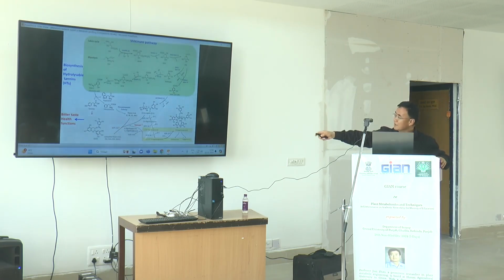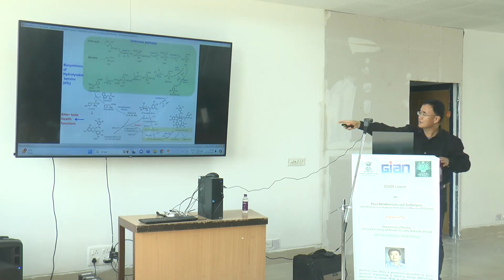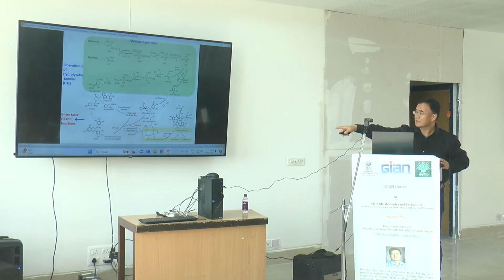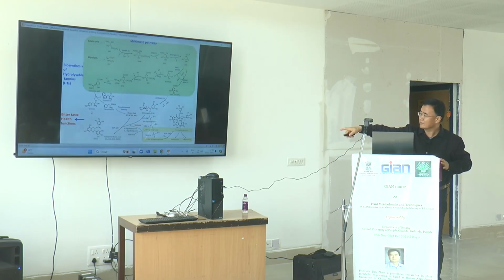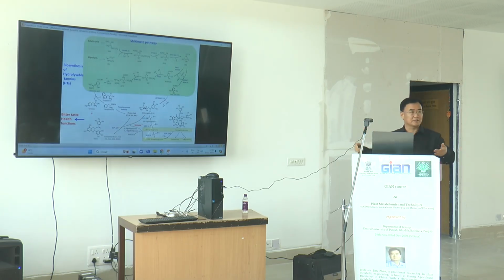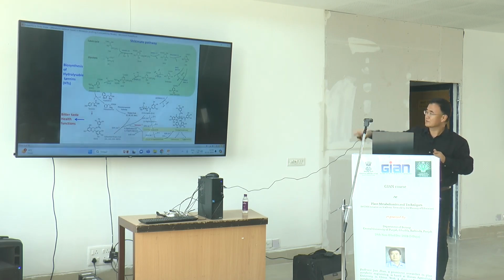But one of them, beta-glucogallin, is the precursor, an acyl group donor, for EGCG or GCG biosynthesis. This is a very significant pathway in tea plants.